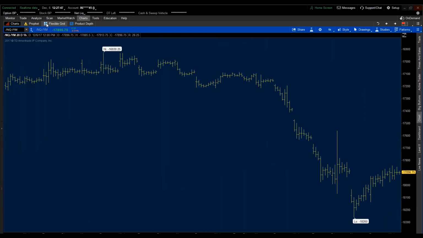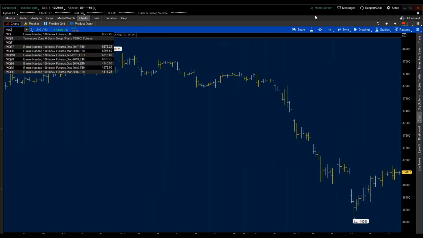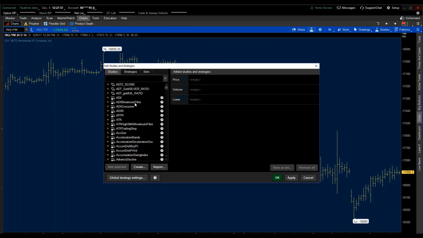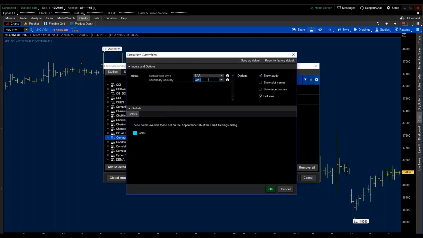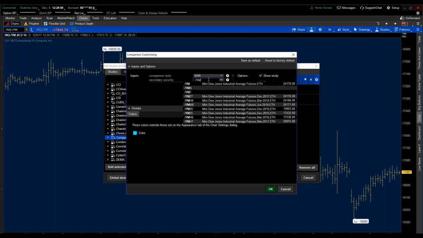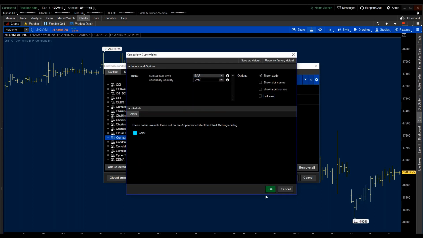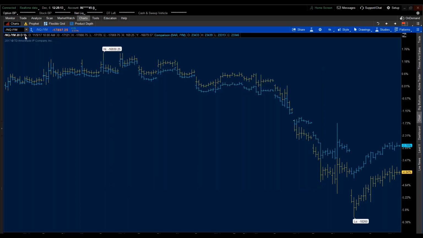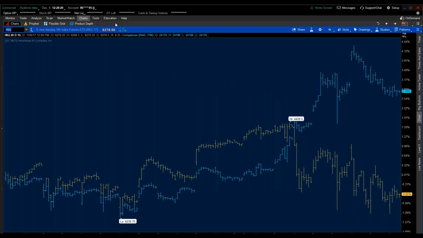Another way of looking at this same exact trade would be looking at the NQ like this, and then just overlapping it with the Dow, which will take us right here. Okay, that'll also show it.